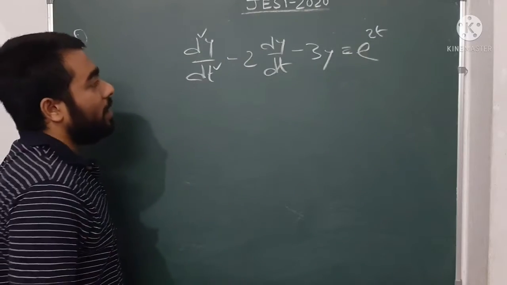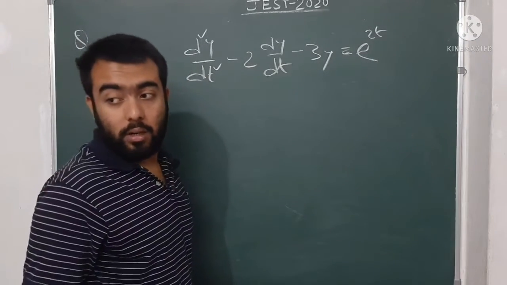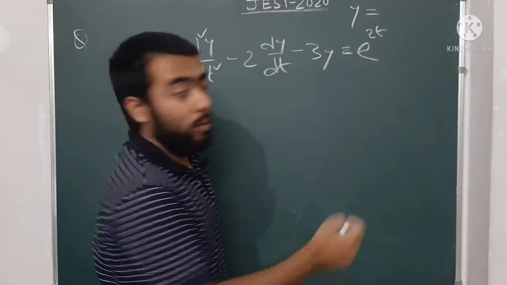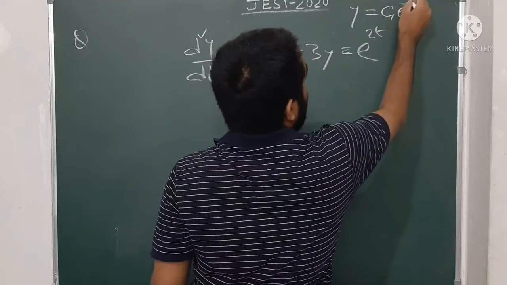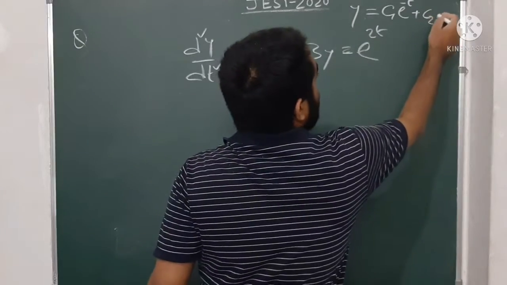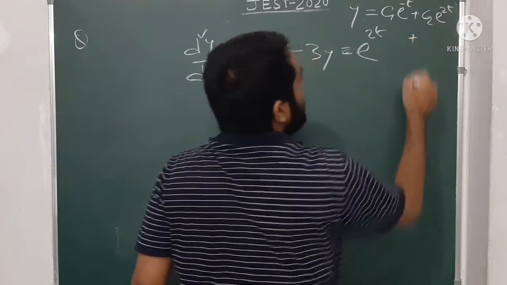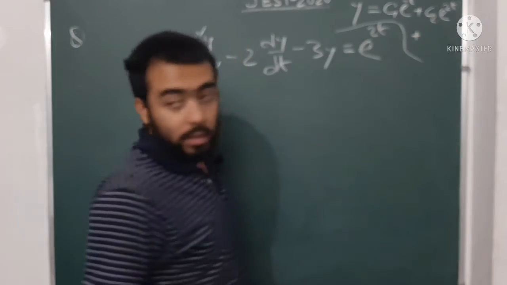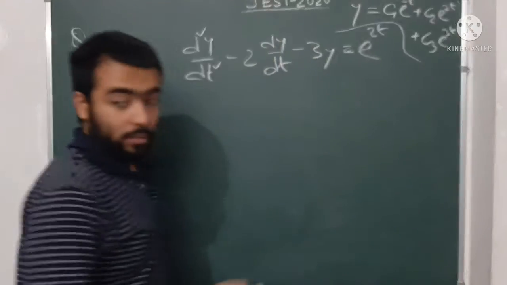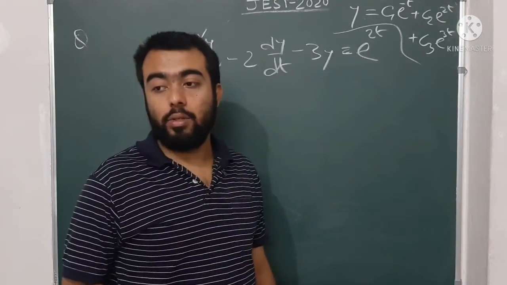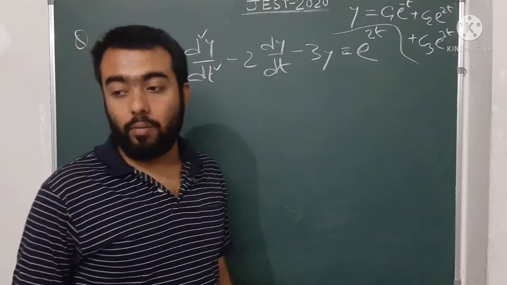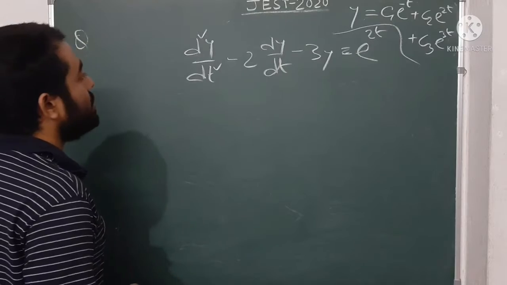They have also given the solution, that y equals c1 e to the power minus t plus c2 e to the power 2t plus c3 e to the power 3t. Now their question is to find the values of these three coefficients. They have given 4 options, and we have to choose the right answer.